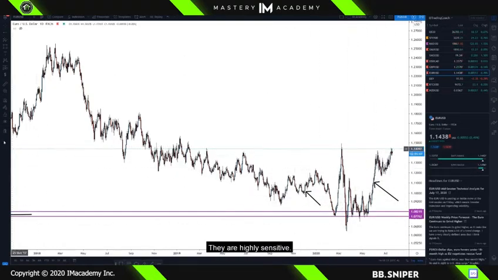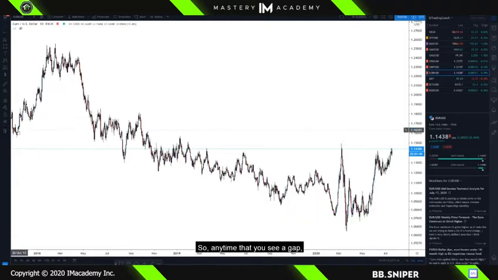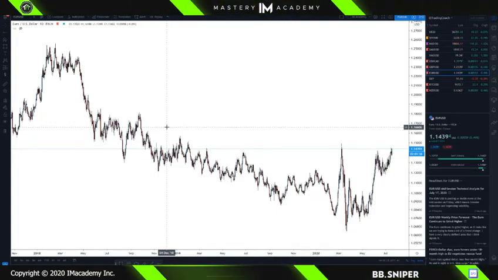They are highly sensitive. So anytime that you see a gap, whether the imbalance has been traded to or traded through, remember this.